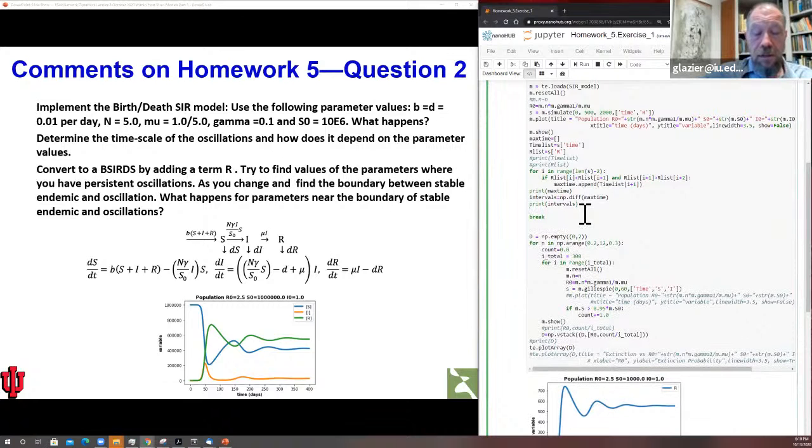So period, just say period, it's easier, period equals np.mean of intervals. And again, NumPy has lots of functions and nobody can remember all of them, but if you go to the NumPy manual, you'll find lots and lots of convenient things to do.